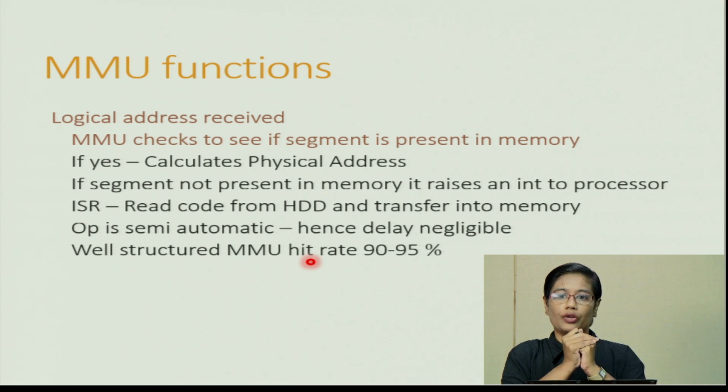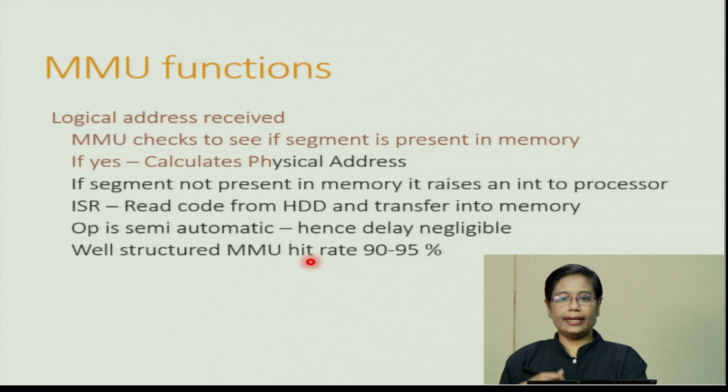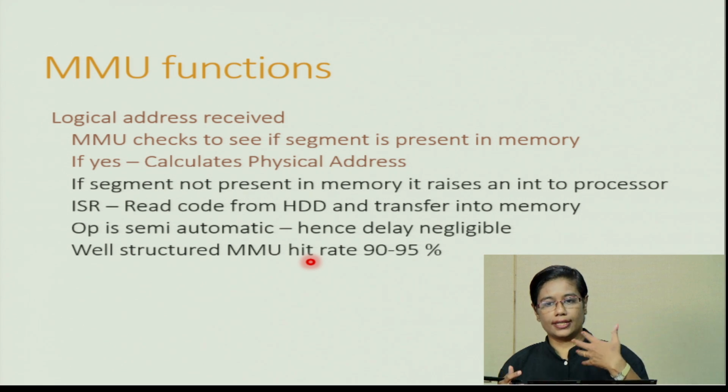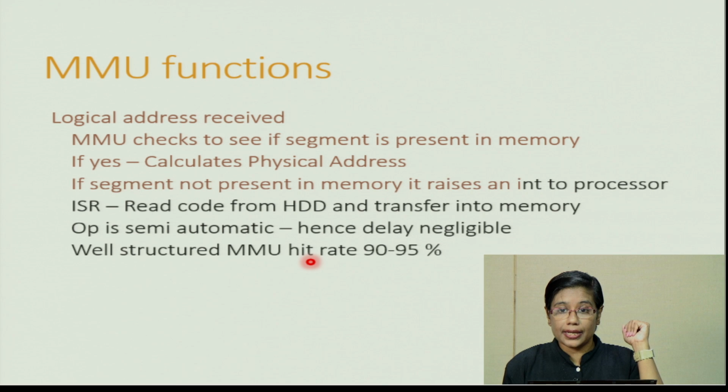We know the format of the descriptor of 80286, 386 and 486. There is one bit which says whether the segment is available in physical memory. If the segment is available, it will calculate the physical address based on the descriptor and the offset. If the segment is not present, an interrupt is raised.